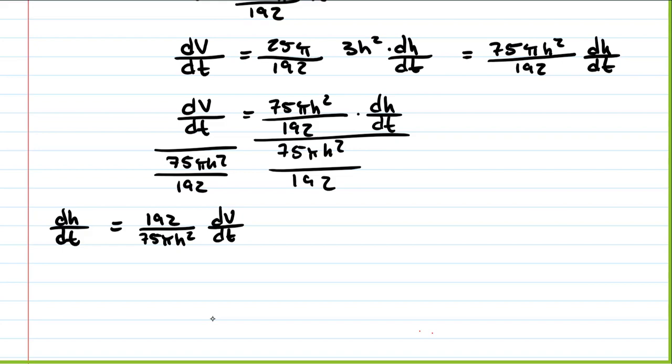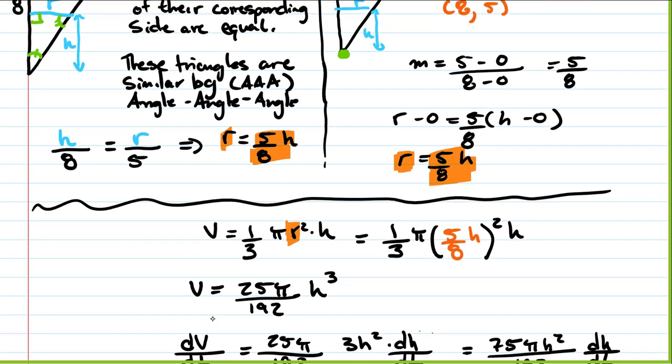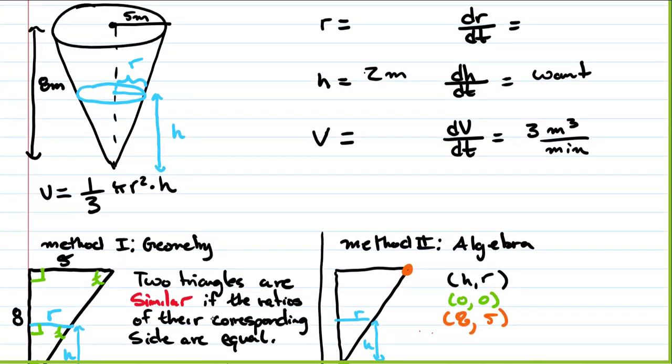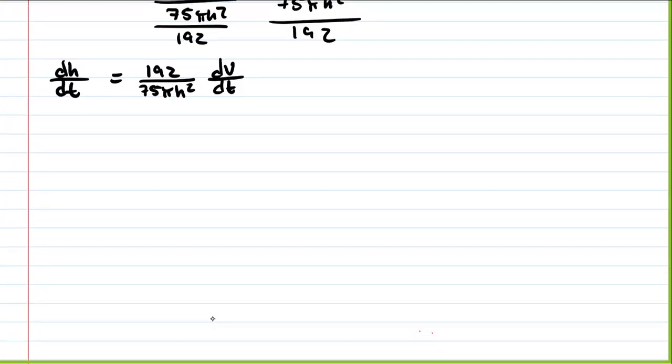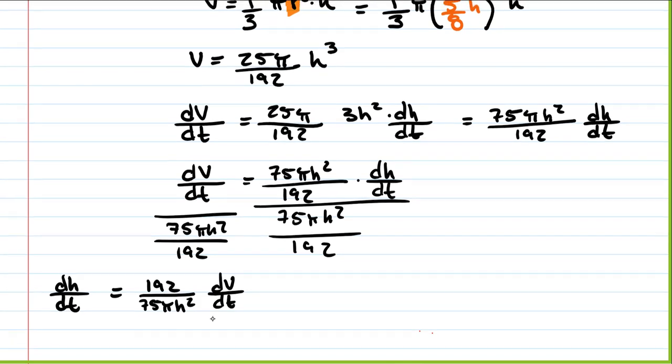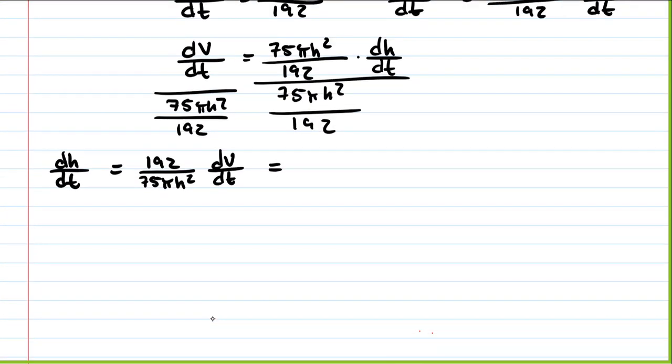All right, so from here, we plug in what we know. Our dV/dt is 3 meters cubed per minute. So we get 192 over 75 pi.